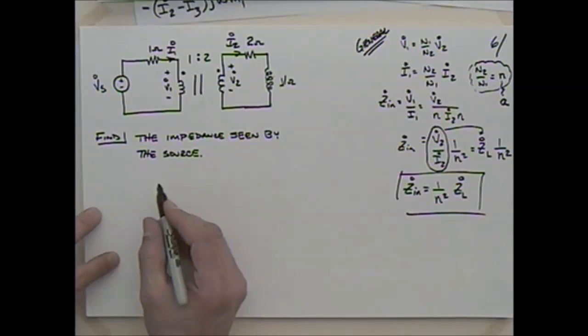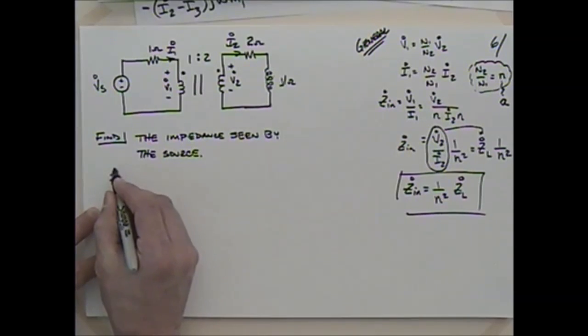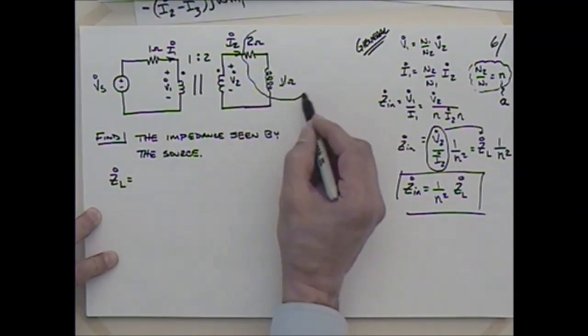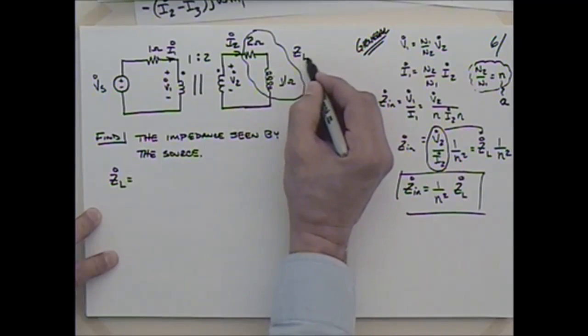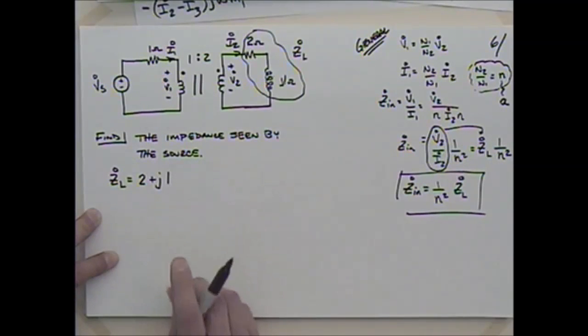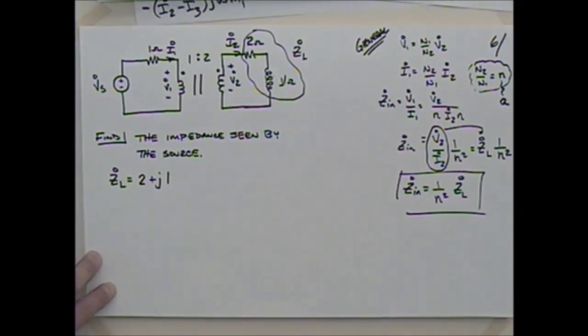So what's the load impedance on this thing? That'd probably be over here, right? So there's our ZL. That's going to be equal to 2 plus J1. Okay.